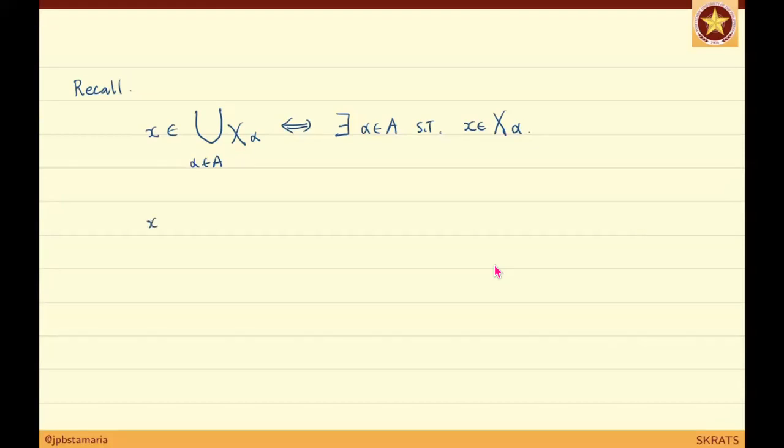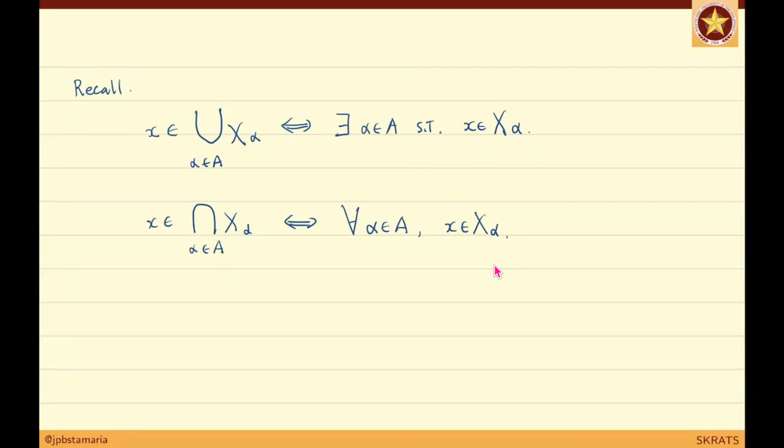Pero kapag intersection, para mapunta ka sa intersection, ito, strict ito di ba? Ang kailangan for all alpha in A, kailangan sa bawat x alpha, present si x. Sa union, hindi masyadong strict. Kailangan lang mapunta ka sa isang alpha, x alpha.